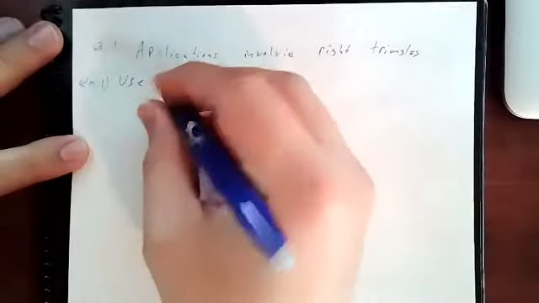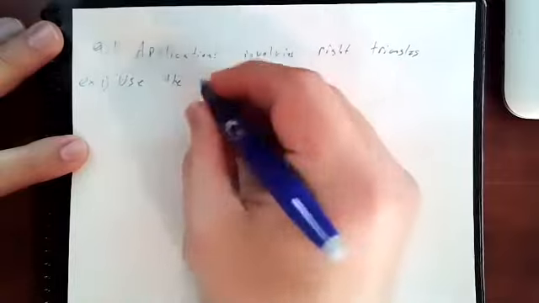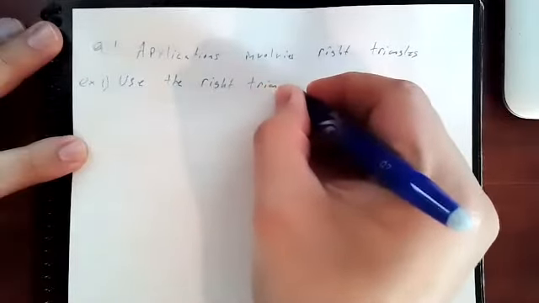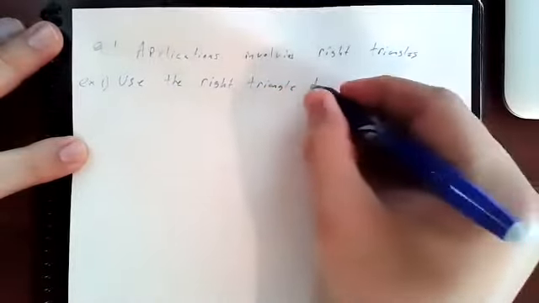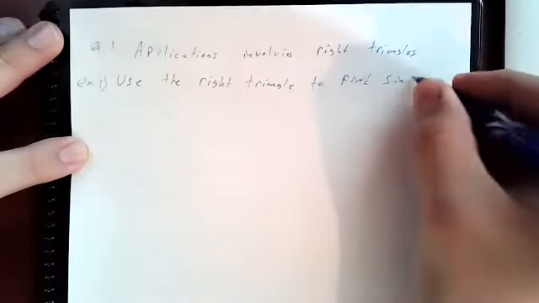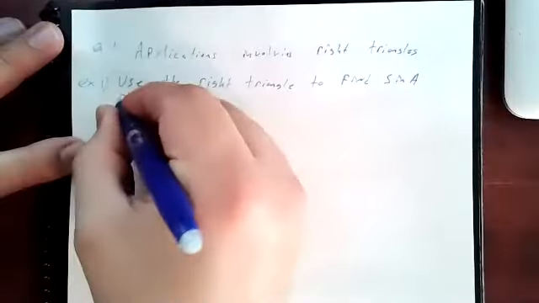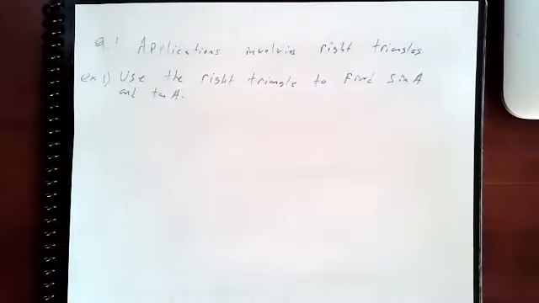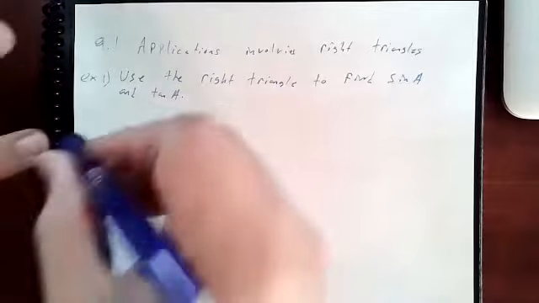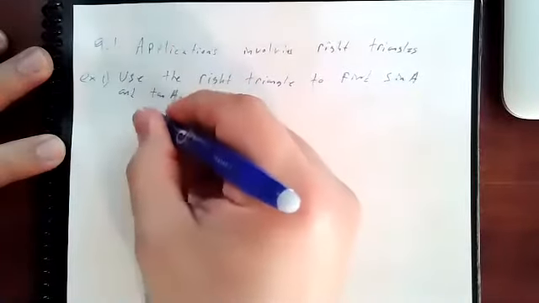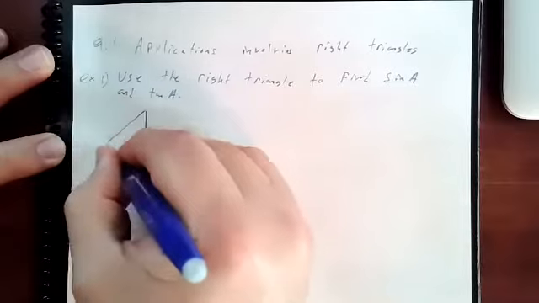So use the right triangle to find sine A and tangent A. Okay, so they're going to give us a triangle, a right triangle, of course.